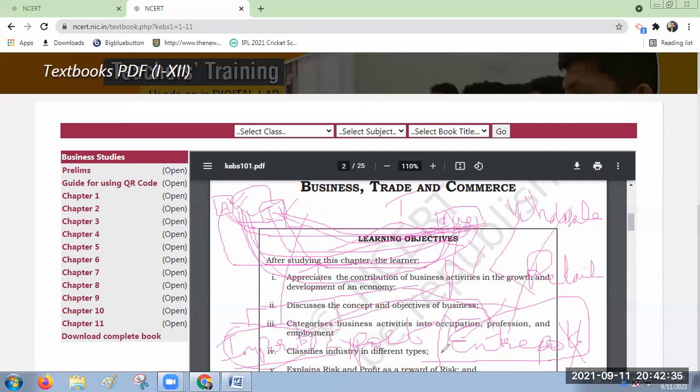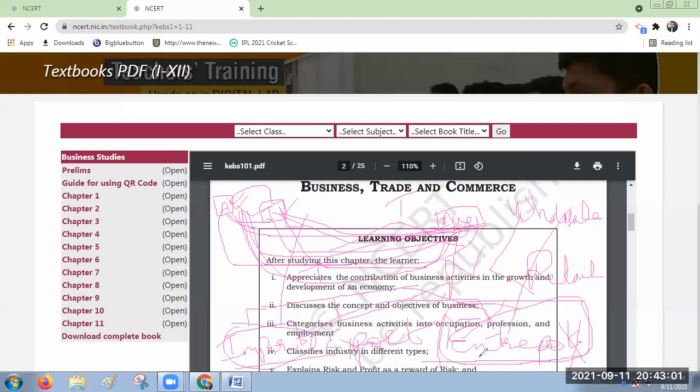That is also entrepot trade. Importing, exporting, and entrepot trades, three trades are there in international trade. Import means purchasing from a country. Exporting means selling to another country. Entrepot means purchasing from one country and selling the same goods to another country.